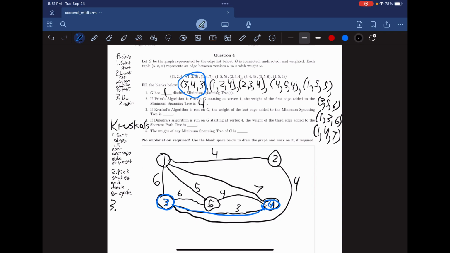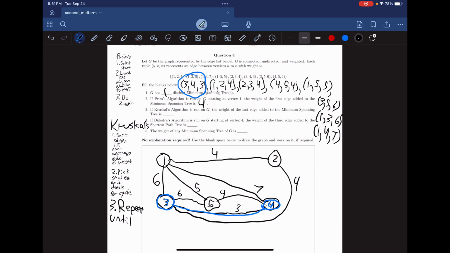Third step is to, you guessed it, repeat until... there's a couple different ways you can decide when you end.